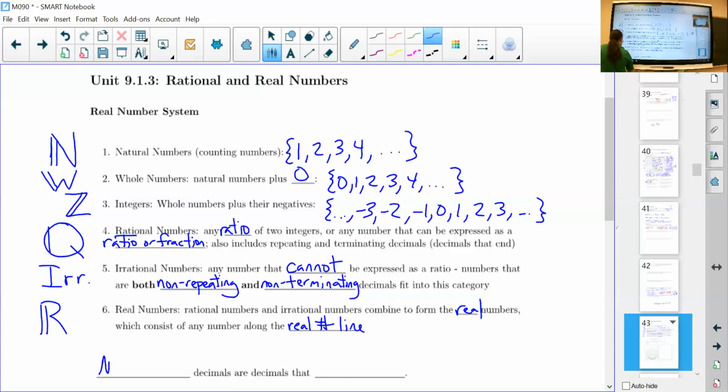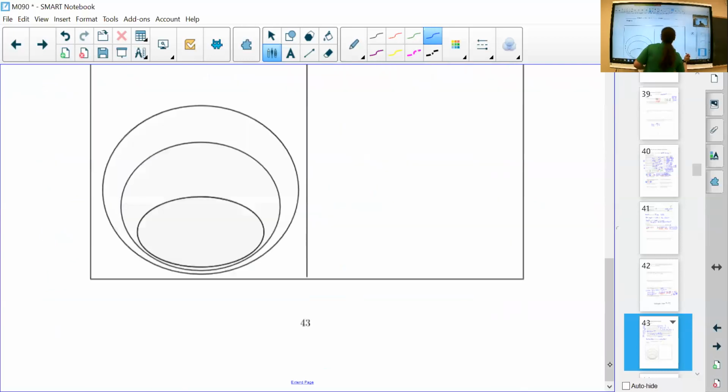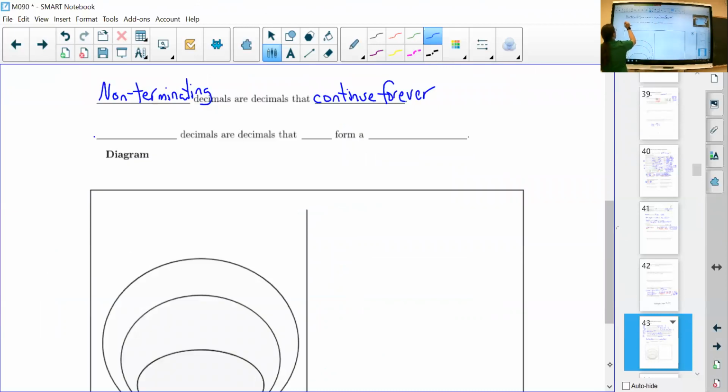So non-terminating decimals are decimals that continue forever. And non-repeating decimals are decimals that never form a repeating pattern.